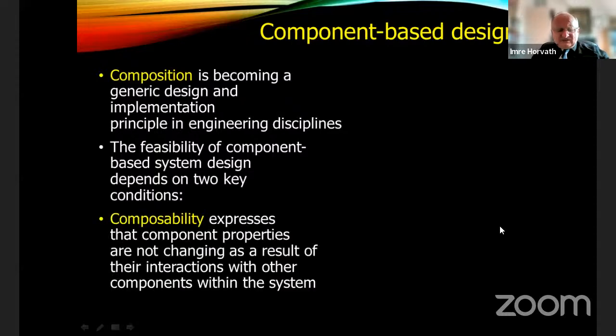So I mentioned that the traditional component-based design principles are not always applicable to systems, and especially there are certain limitations with modern smart knowledge integrated systems. And my explanation accompanying this phenomenon is that composition is a kind of generic design and implementation principle in many engineering disciplines.